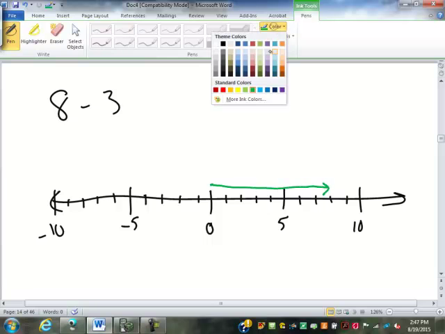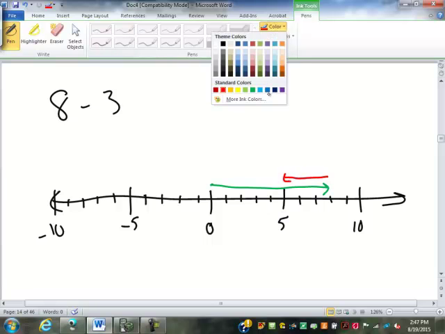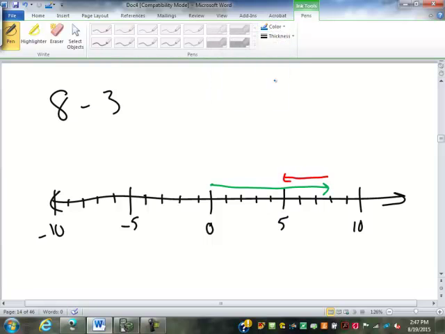There's 8, minus 3 brings us back to 5. If we look at this picture, though, these vectors remind us a whole lot of 8 plus a negative 3. In fact, that is the vectors for 8 plus a negative 3.